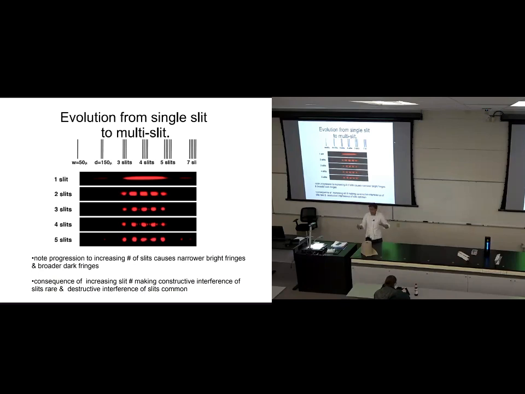Between them are these vast regions of darkness, of no light. What you're doing as you go to many slits, hundreds, thousands, tens of thousands of slits, is you're making these really, really concentrated regions of constructive interference where every slit is interfering constructively.